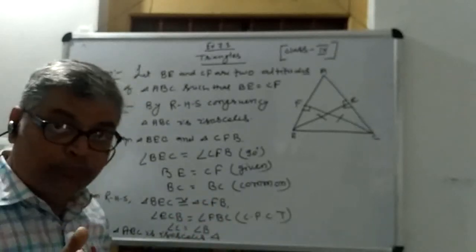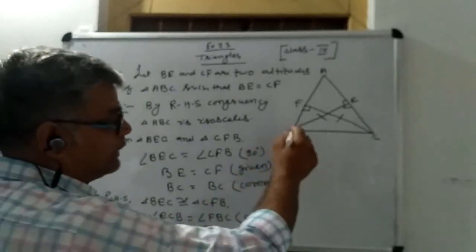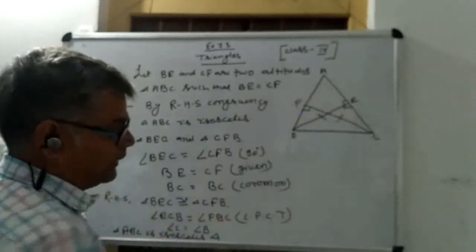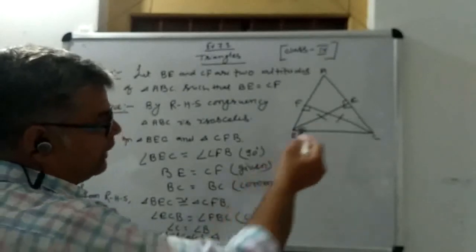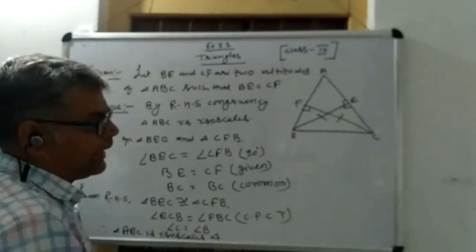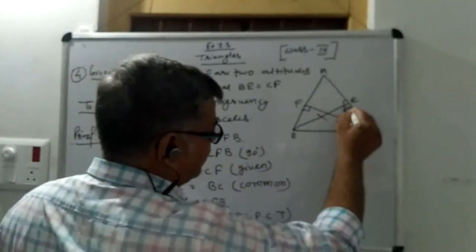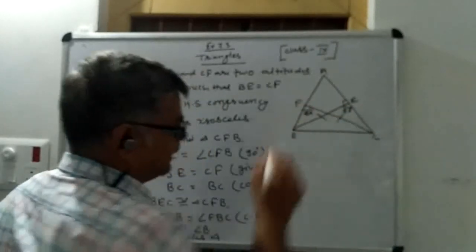As you know by the property of altitude, an altitude is perpendicular on the side. So when BE and CF are altitudes, then it will make a 90 degree angle here, and this one is also 90 degrees.